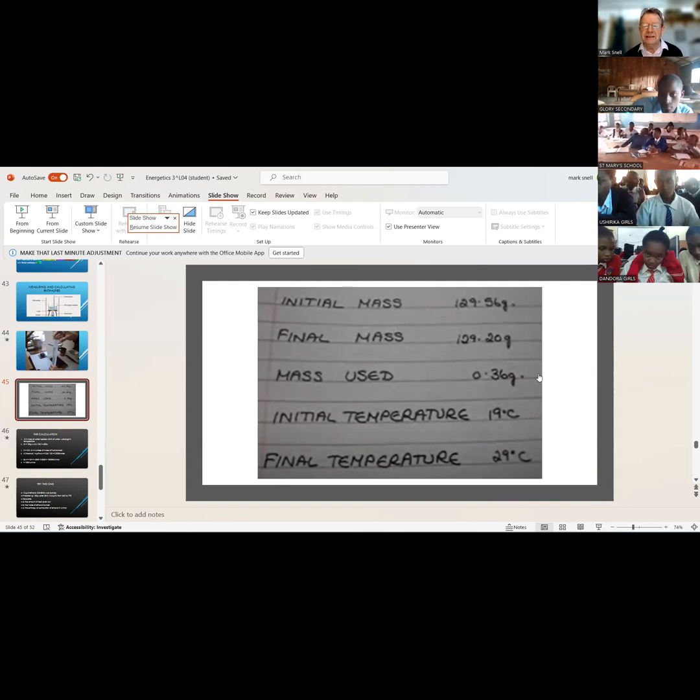Hexanol is C6H13OH. If you're happy to do the calculation, you just do it now. It had 100 cubic centimeters or 100 grams of water, and the temperature goes up by 10. I'm going to show those people who are not so sure.